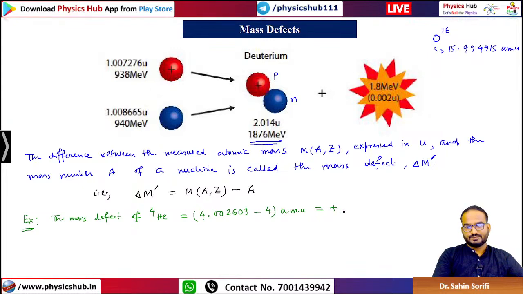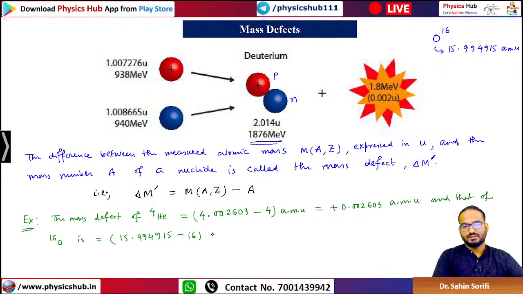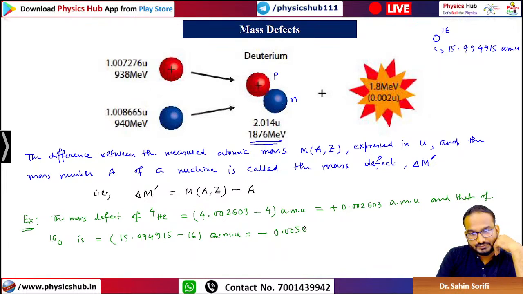So this is plus 0.002603 u. And that of oxygen-16: its mass is 15.994915 and minus mass number 16, so it comes out negative, 0.005085 u.